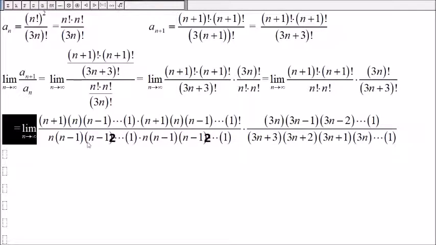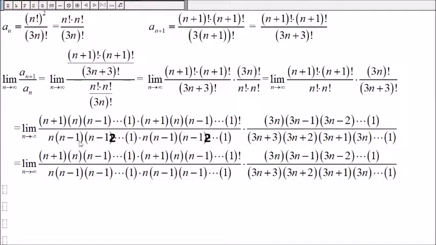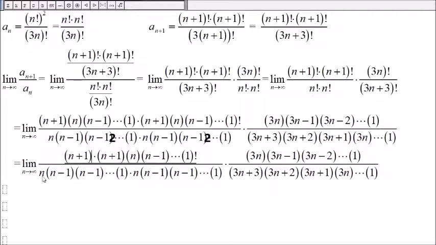And then we just need to start simplifying. And so all of this, n minus 1 down to 1, will cancel out with this. And then the n and the n minus 1 down to 1 will cancel out with the second part.